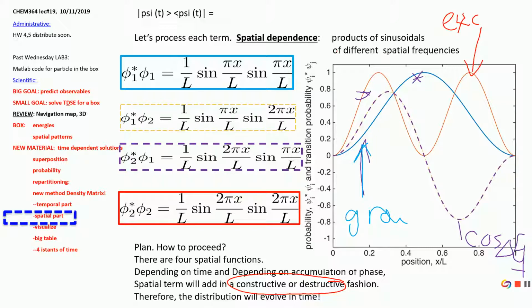So when indices coincide, the distribution is positive. When it is not, this is what is called transition density. So if you were running TDDFT, which deals with density, this is the transition density. It can become negative. And now we need to add together all 4 terms. Is there any reason we went from 2 over L to 1 over L?